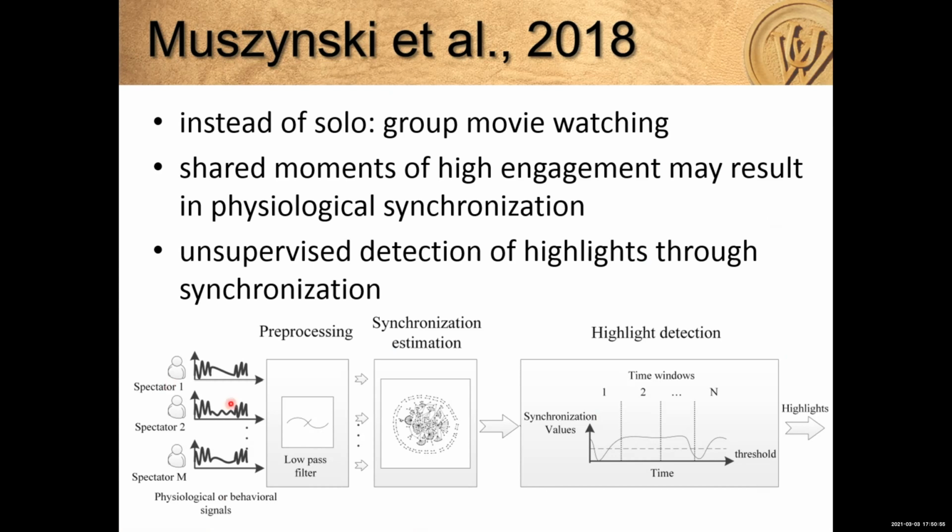Multiple spectators' physiological and behavioral data were collected simultaneously, pre-processed, and then synchronization between different spectators' physiological responses was calculated, and then they plotted synchronization values as a function of time and basically watched for increases or decreases in synchronization that might indicate, whoa, the entire group thinks that this is a highlight of the movie.